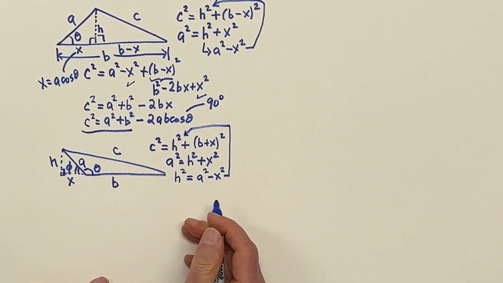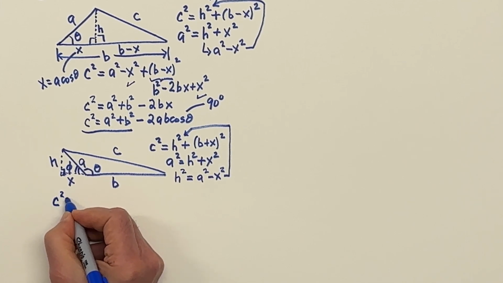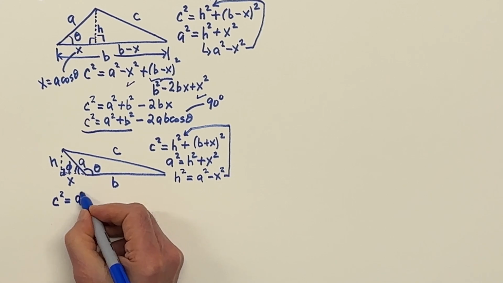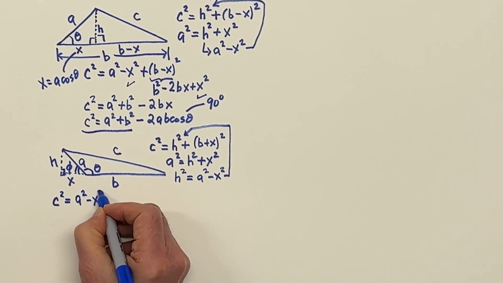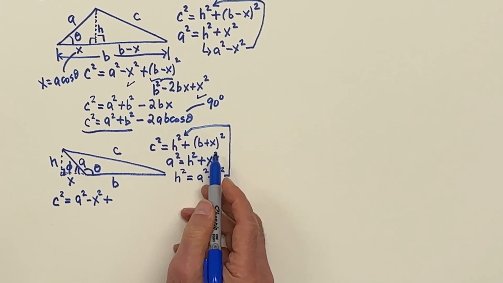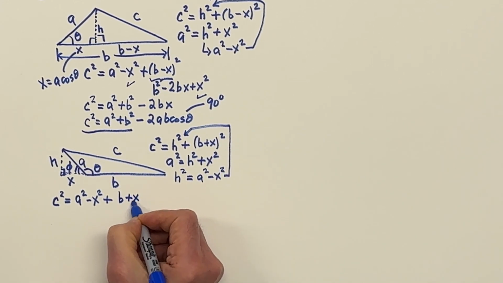We're doing the same steps. So then we're going to have c squared equals, for the h squared, we just copy this, a squared minus x squared, and then plus this here, like we had before, with the minus sign, we now have the plus sign.